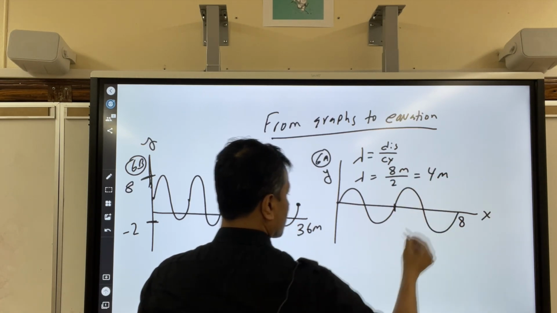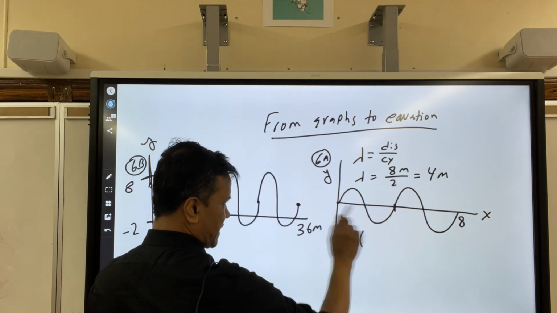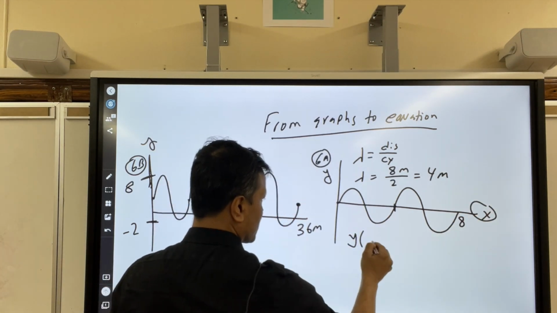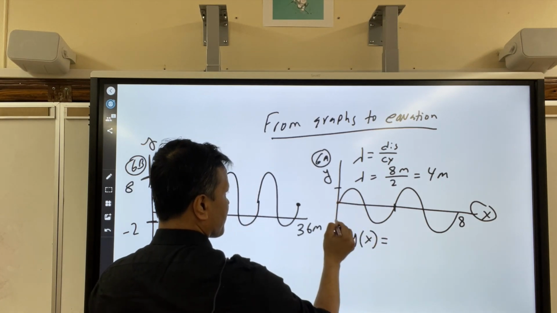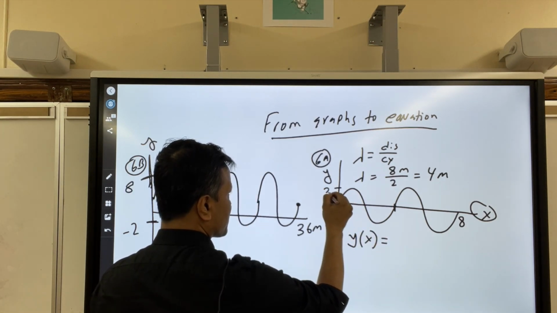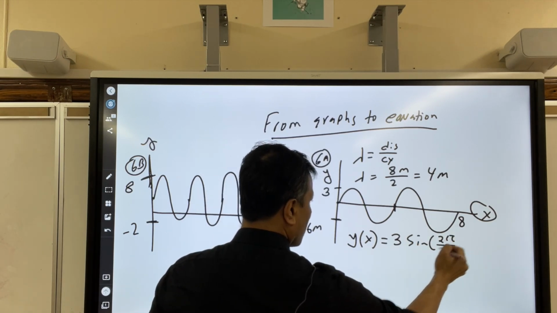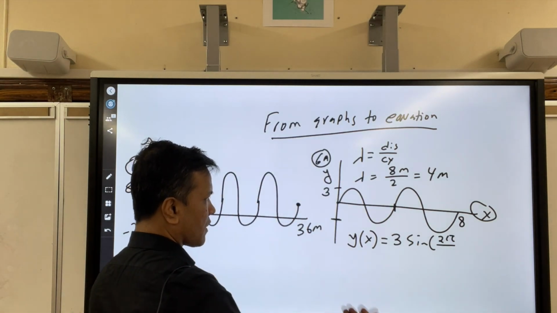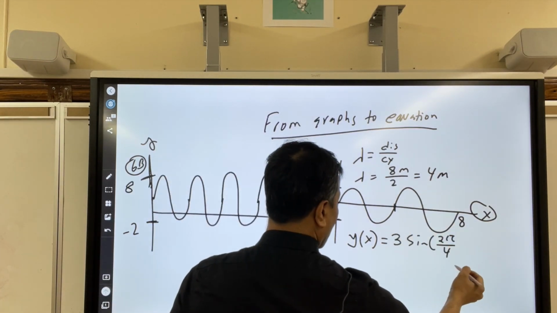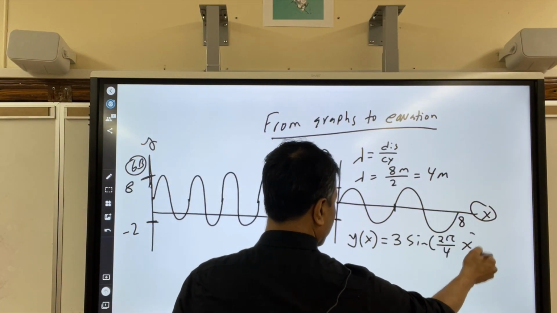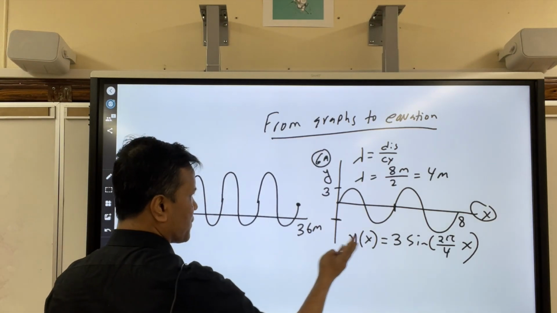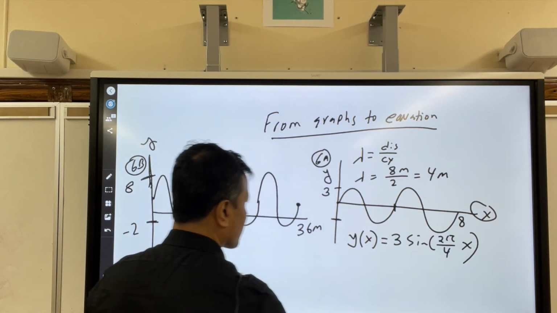So lambda is 4 meter. This function takes x position as the input. It has an amplitude 3, sine 2 pi over 4, and it takes x as an input. So you can put x and you can find y.